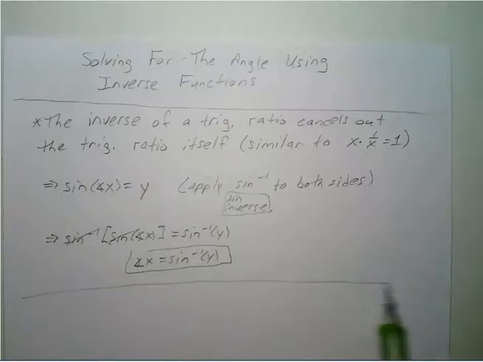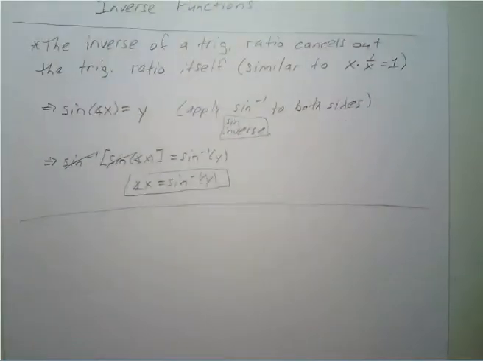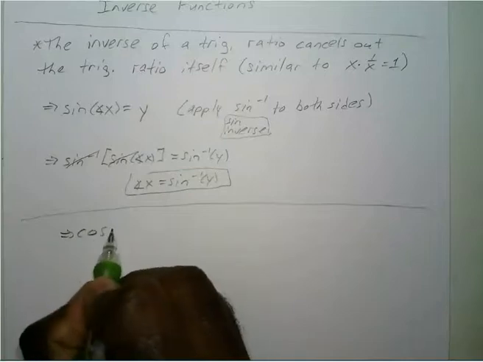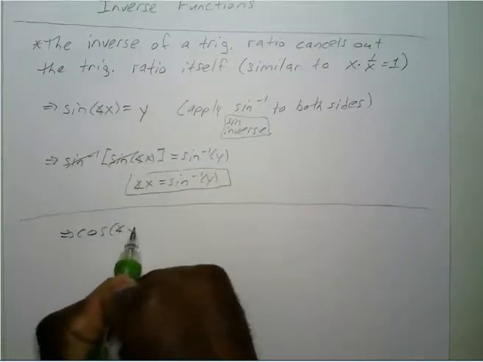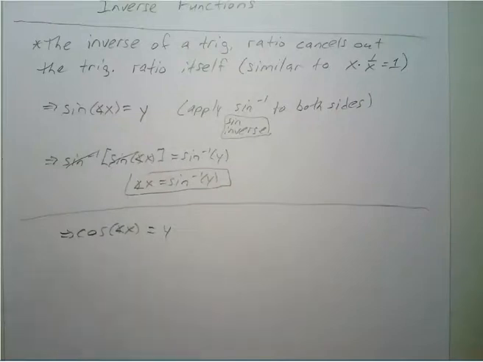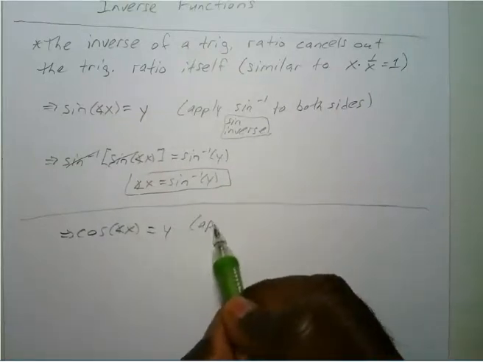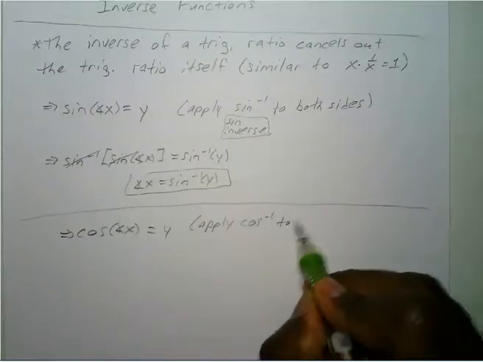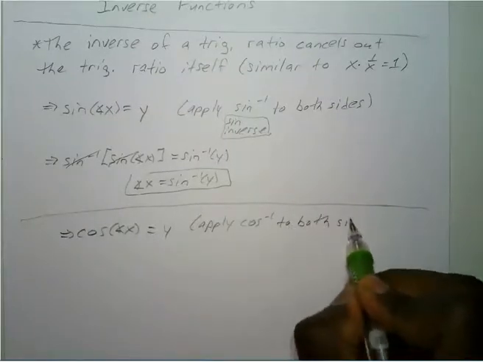What about cosine? Same thing. If you have cosine of some angle x equals some value that we'll call y, you apply cosine inverse to both sides.